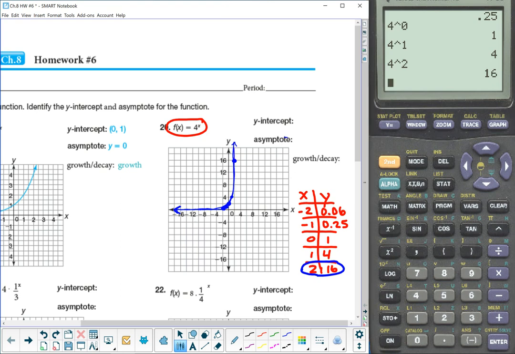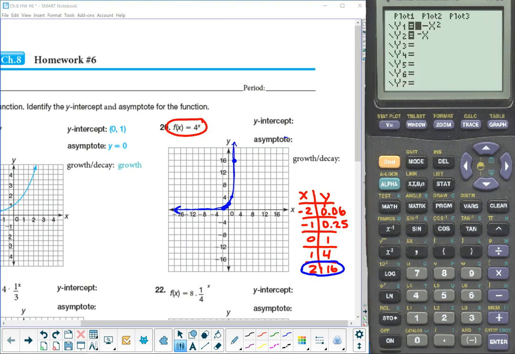And if you want to use Desmos to check it, or a graphing calculator, if you have one like me, this is the same as Desmos, and we would be graphing 4 to the x power. So I type in 4 caret x, or 4 to the power of x. If I look at that, it looks pretty similar to what I just graphed. So we know that we did good.